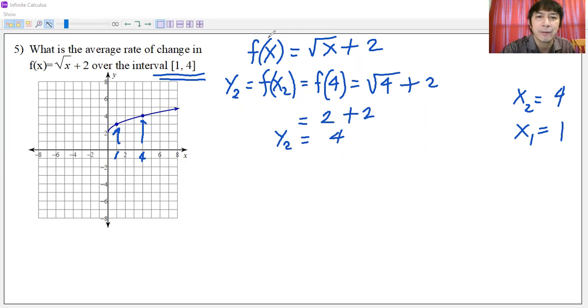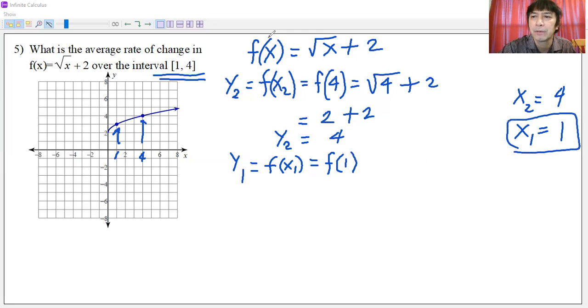How about y1? Y1 is f of x1, which is f of 1. So this is equal to square root of 1 plus 2, which is 1 plus 2, which is 3. And this is our y1.